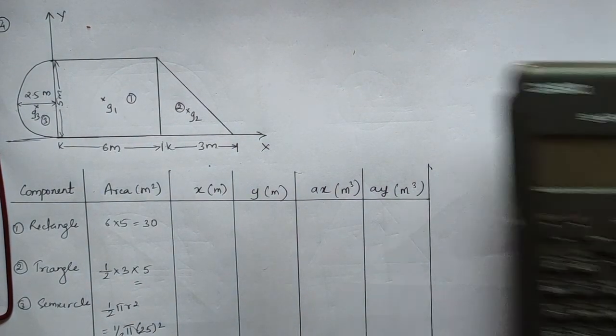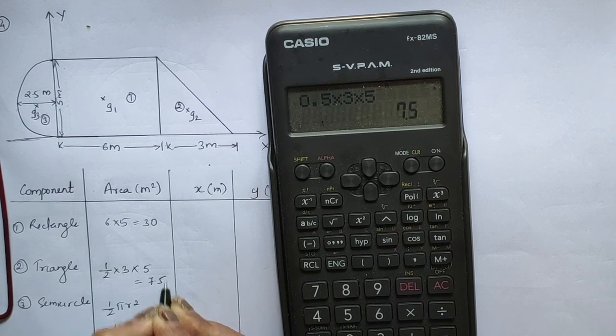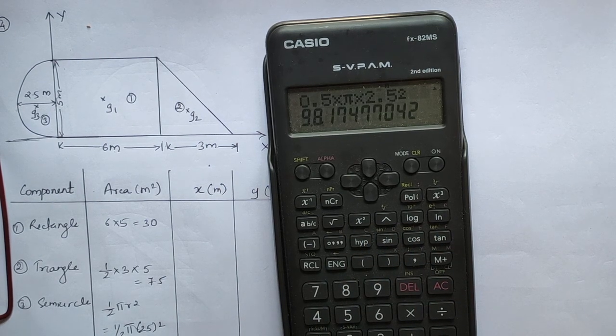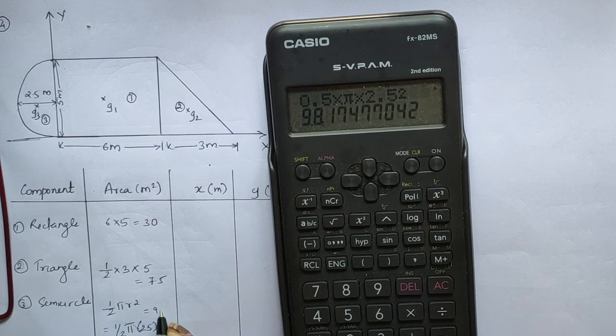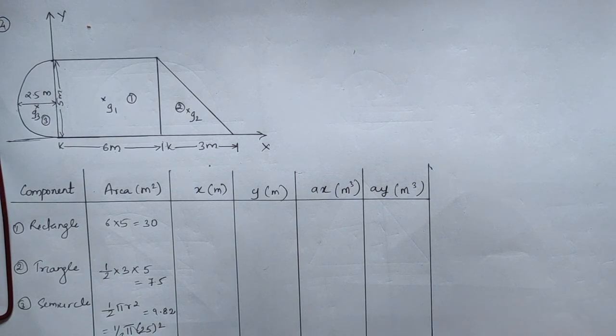The answers: half into 3 into 5 is 7.5, and 0.5 into pi into 2.5 square is 9.81, so this answer is 9.82. Always it is best to round it to 2 decimals after the decimal point.